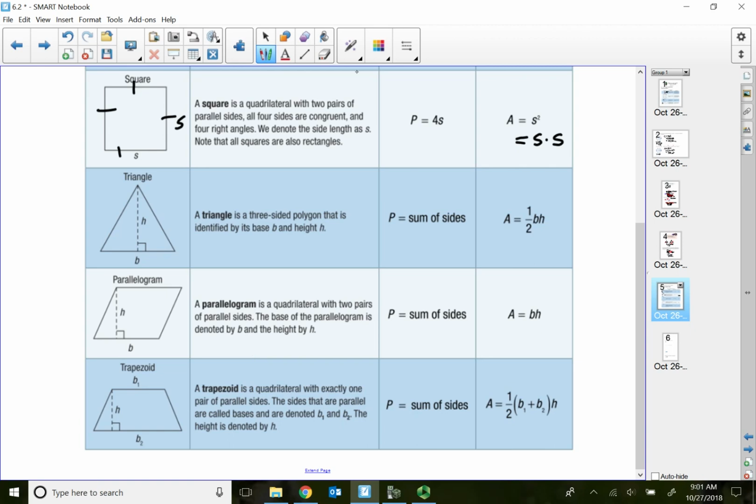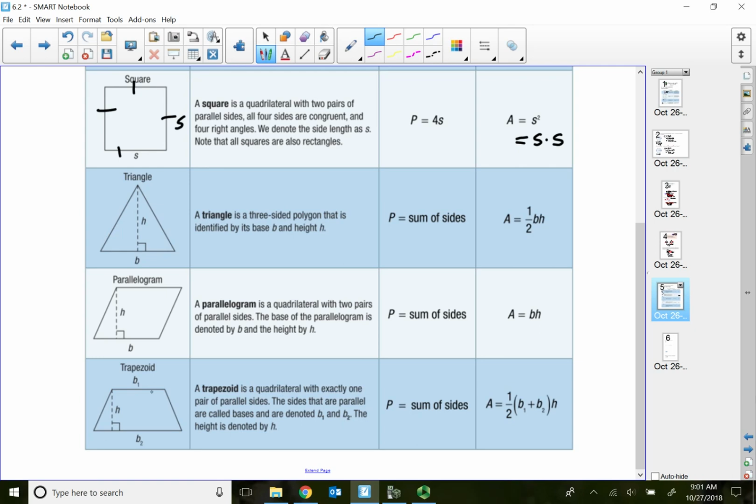Trapezoid, being a quadrilateral, has exactly 1 pair of parallel sides. That means the top base and the bottom base are always parallel, but they are not congruent anymore, because the key characteristic of a trapezoid is that one base is longer than the other base.